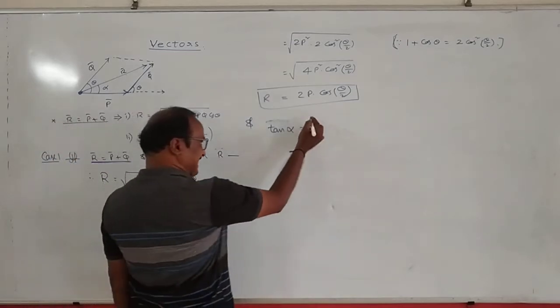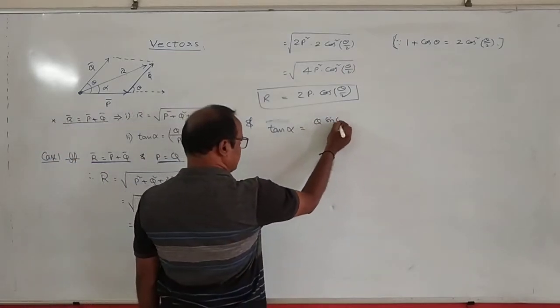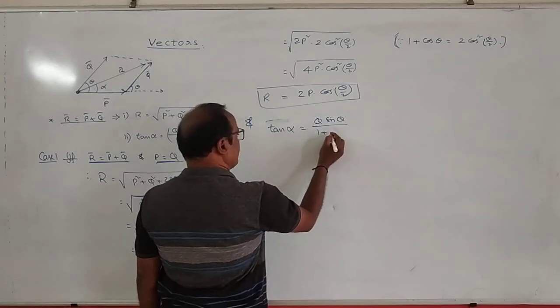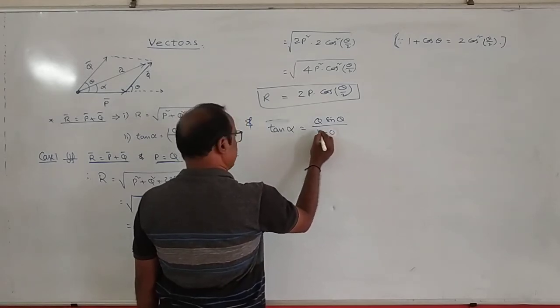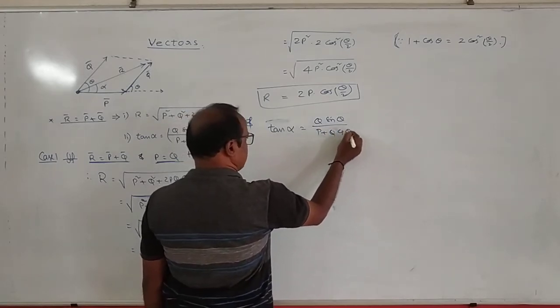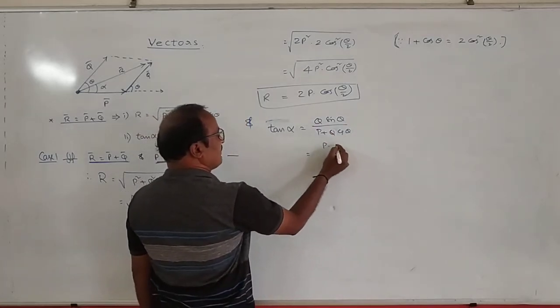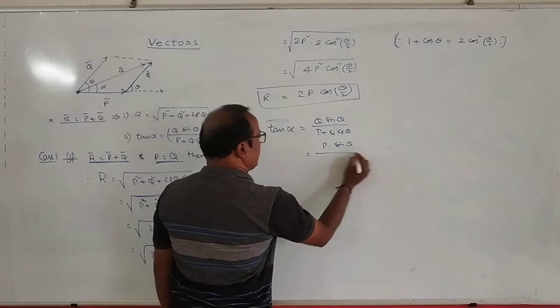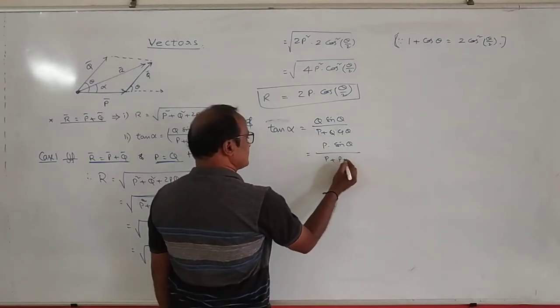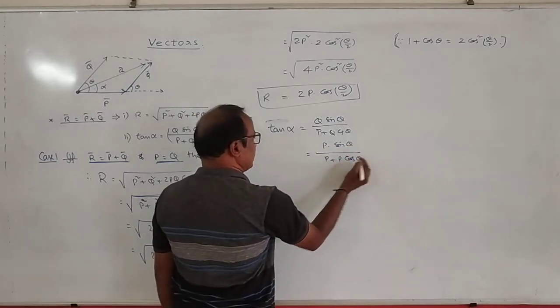Tan alpha is equal to Q sin theta by P plus Q cos theta. That is equal to, Q is replaced by P, P sin theta by P plus P cos theta.